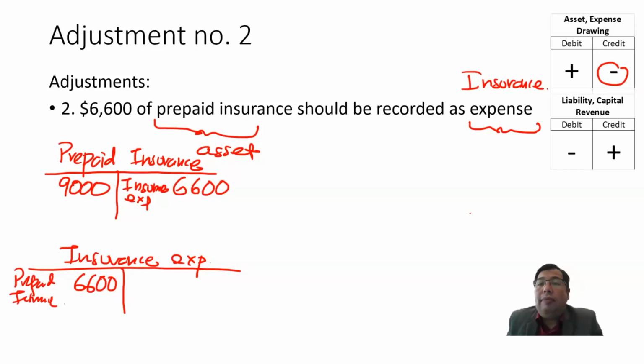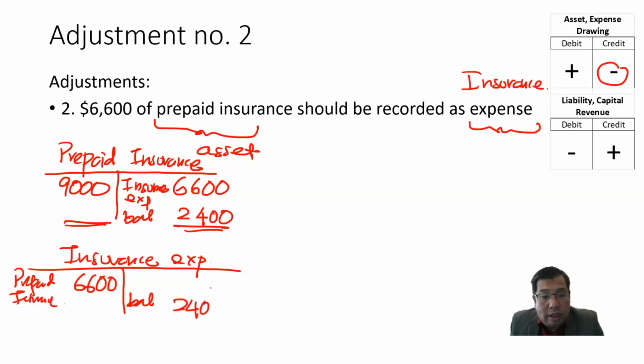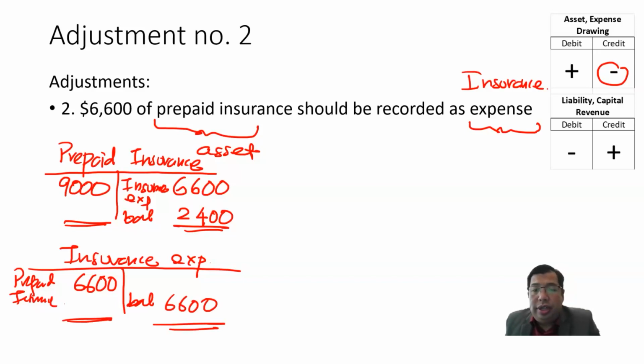Can anyone help me with the balance? Yes, 2,400. Very good. Thank you, Sidesh. Thank you, Laiba. So the balance will be 9,000 minus 6,600, which is 2,400. Thank you, Era. Okay, so what is the journal entry?